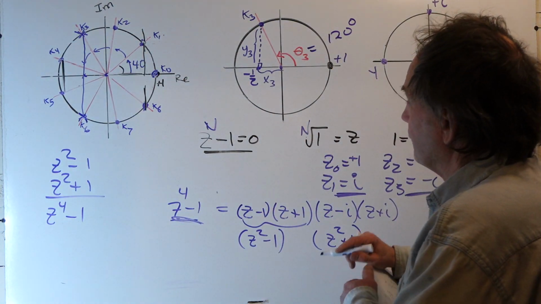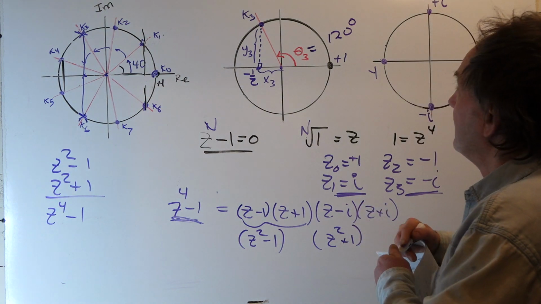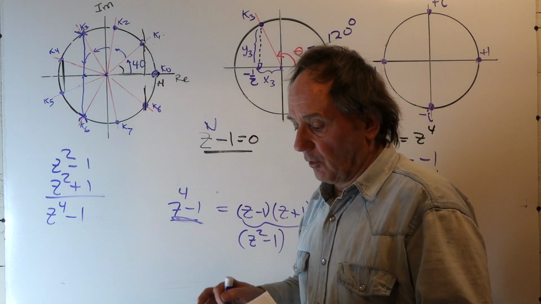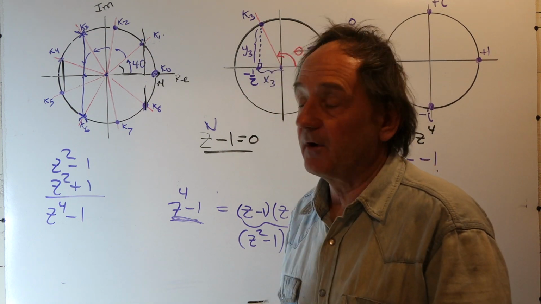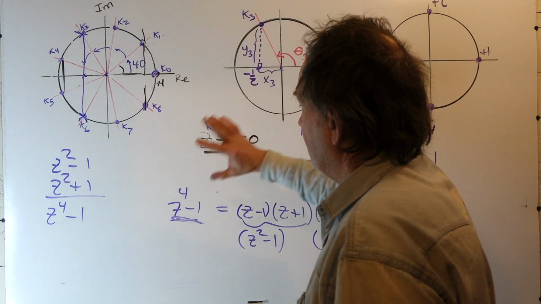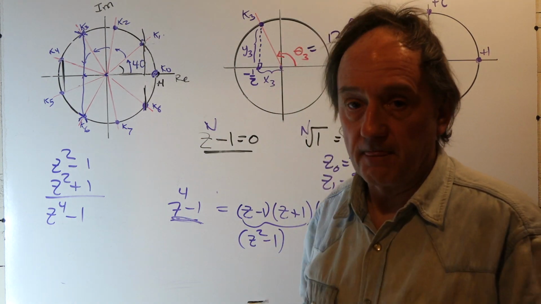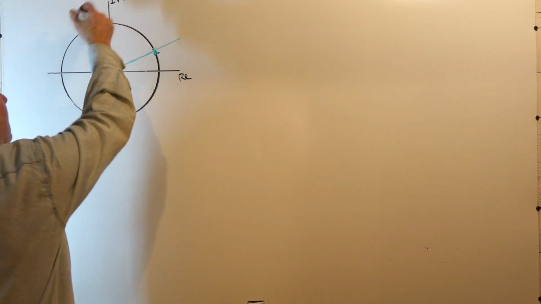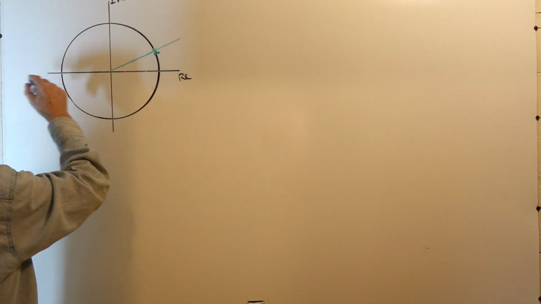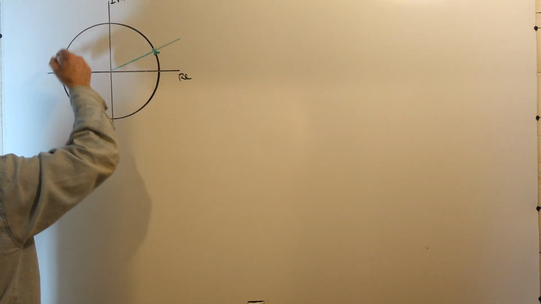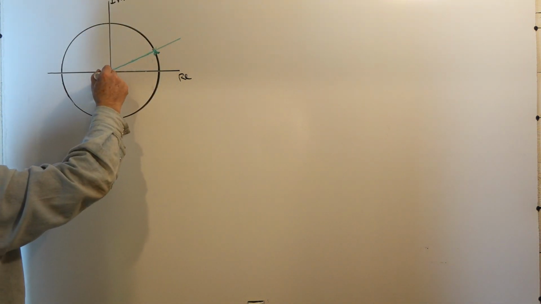Now I'll go ahead and talk a little about complex number theory and how this all came about. Here we have the complex plane. I have the imaginary axis and the real axis, and I've drawn a unit circle about the origin.